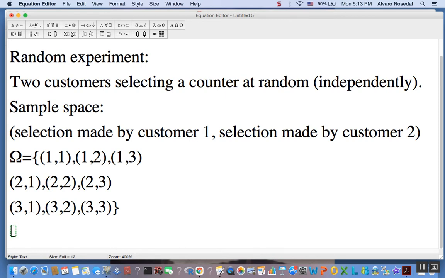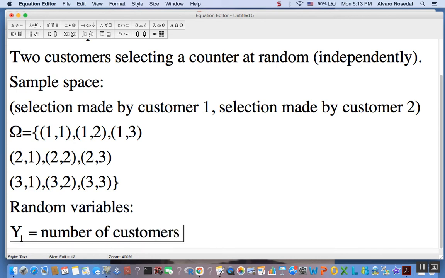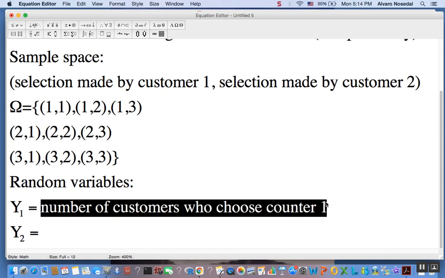Now, random variables. We have 2. We have y1, and as we said, y1 represents the number of customers who choose counter 1. y2 is something similar, but for counter number 2: the number of customers who choose counter number 2.